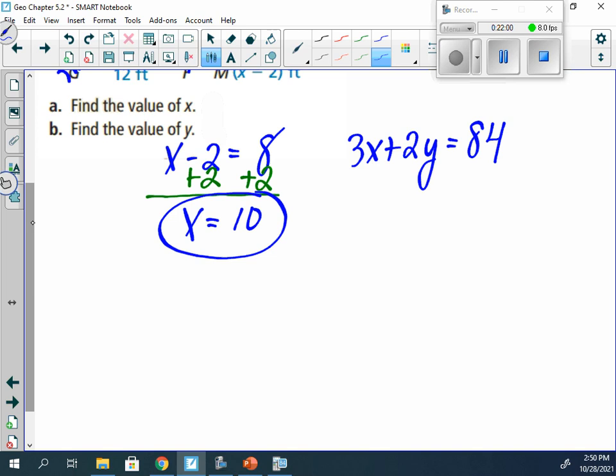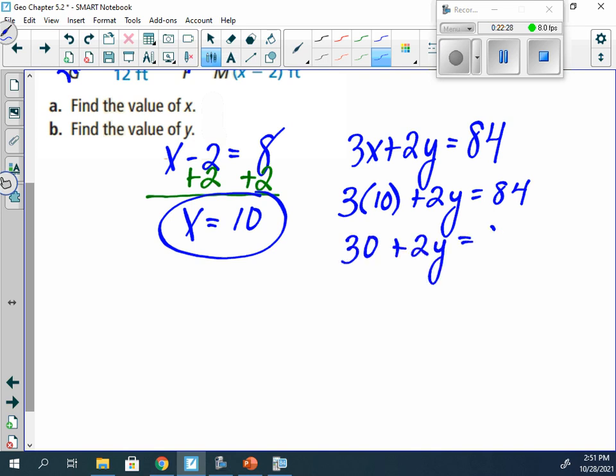So now that we have the value of x is 10, we can plug it into the other equation and say 3 times 10 plus 2y is equal to 84. So let's do it one step at a time. 30 plus 2y. All right, so 3 times 10 is 30, equals 84.